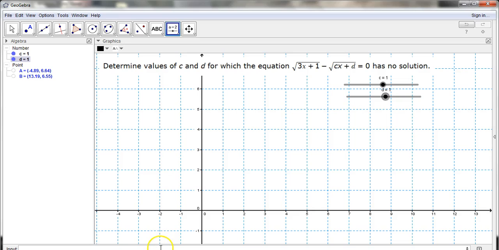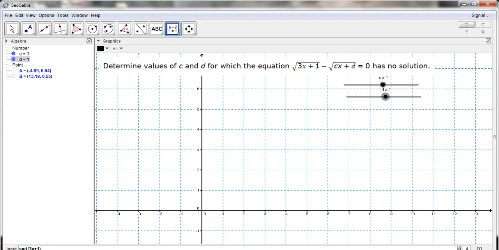So now what I thought was, well, let's just enter this equation and see what we get. For the square root, you have to use SQRT and then use the parentheses. And then in the parentheses, we're going to take the square root of 3x plus 1.